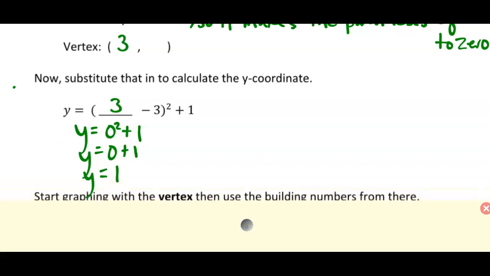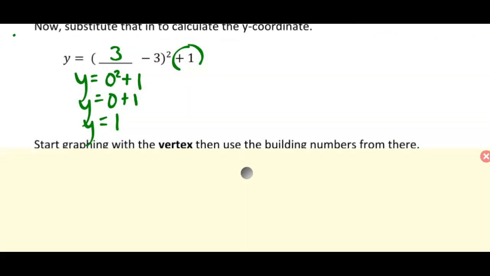And 0 plus 1 is y equals 1. Okay? So in this case, the opposite of my x value was 3. My y value in my vertex is 1. Look at this. It's always going to be that. So you don't even have to do this calculation. You can simply figure out what your y value is by looking at this.